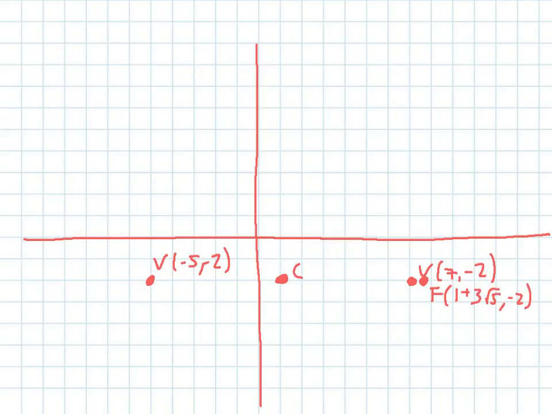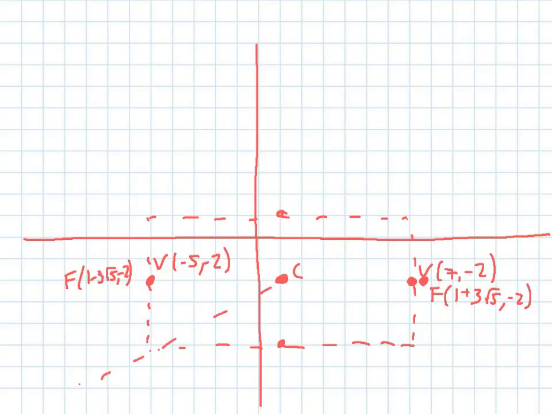And same thing for this one over here. Okay, and now you can use your central box, or you can just use the slope to get your next points if you want. I'm going to use the central box. So I've already got my vertices out. The B values just go up 3 and down 3. So now just going across, going down, across, and up. Okay, so now I got my points.